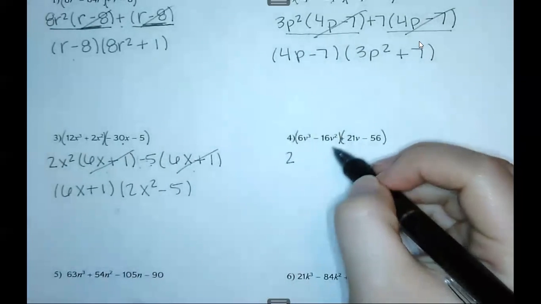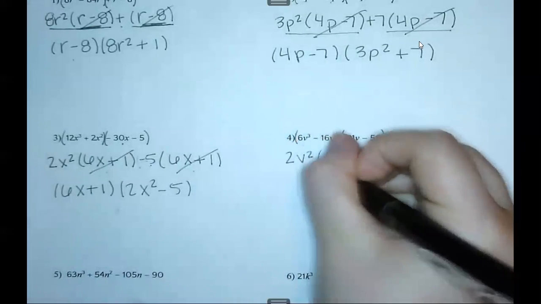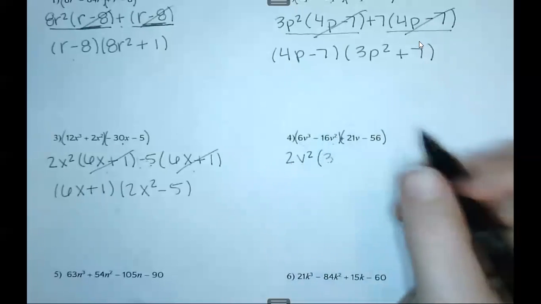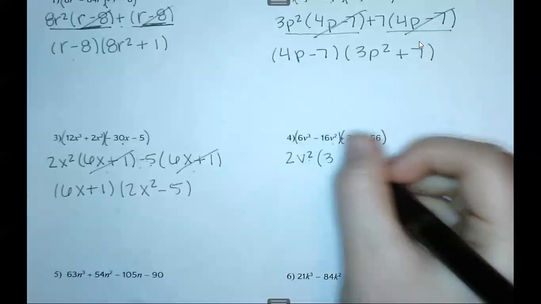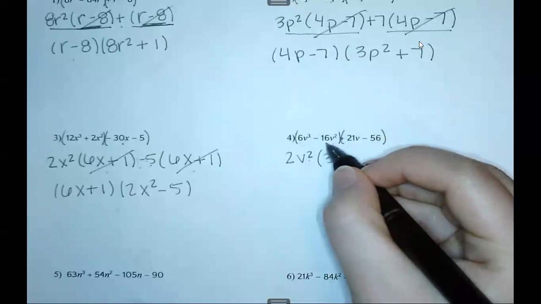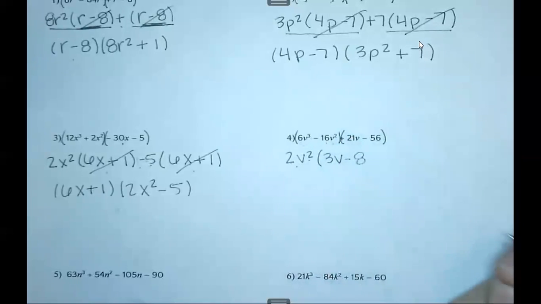And they both have at least a v squared, so I can pull out v squared. So if I divide 6 by 2, I'm going to have 3. And I took v squared out of v cubed, so I have 1v left. Then I have negative 16 divided by 2, which is going to give us negative 8. And I took out v squared, so no more v's.